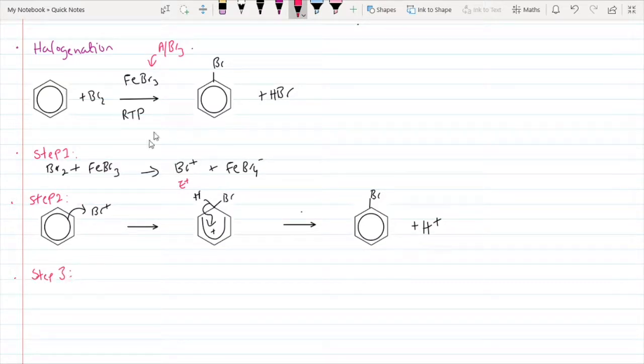To regenerate the catalyst, the product of step 1, FeBr4 minus, takes our H plus ion, and we form FeBr3, our halogen carrier, which was just a fancy word for catalyst, and we also form HBr.